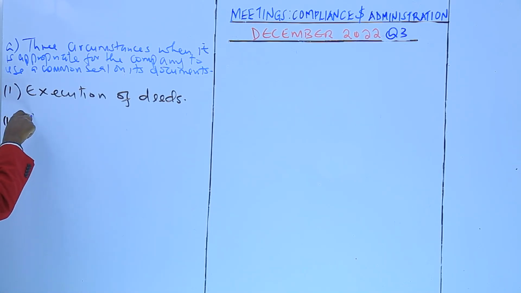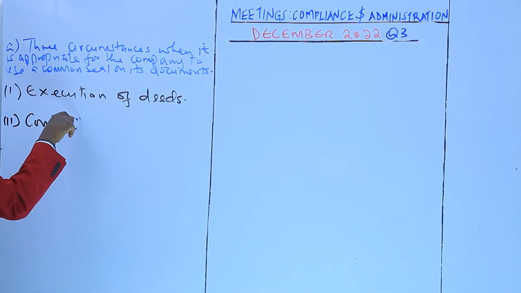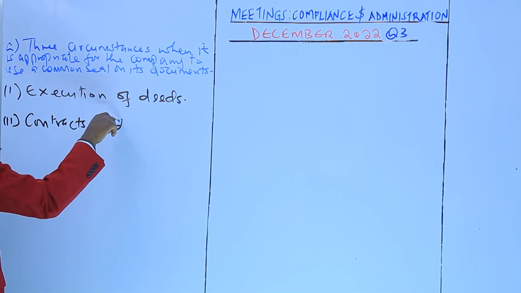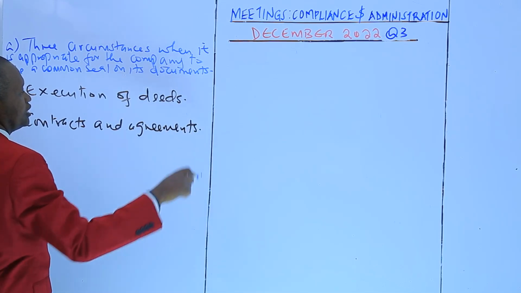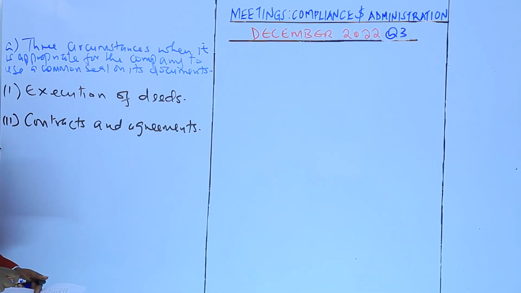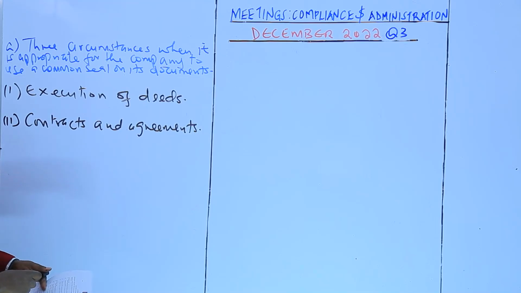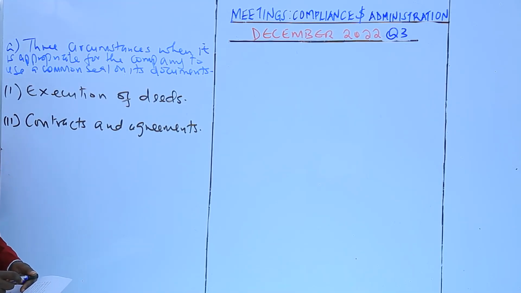2, contracts and agreements. This is another set of documents that may require a company to use its common seal.